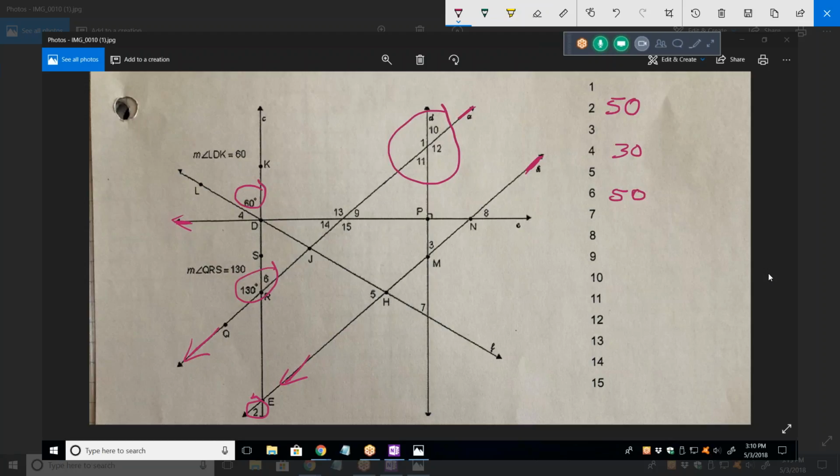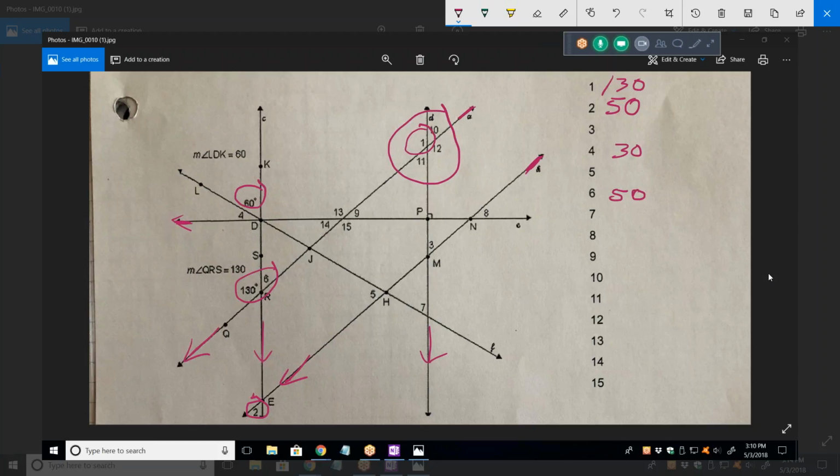Now, let's see what else we can figure out on their diagram. We know that this line is parallel to that line. So we know angle 1 is what? Angle 1 is 130. Okay.